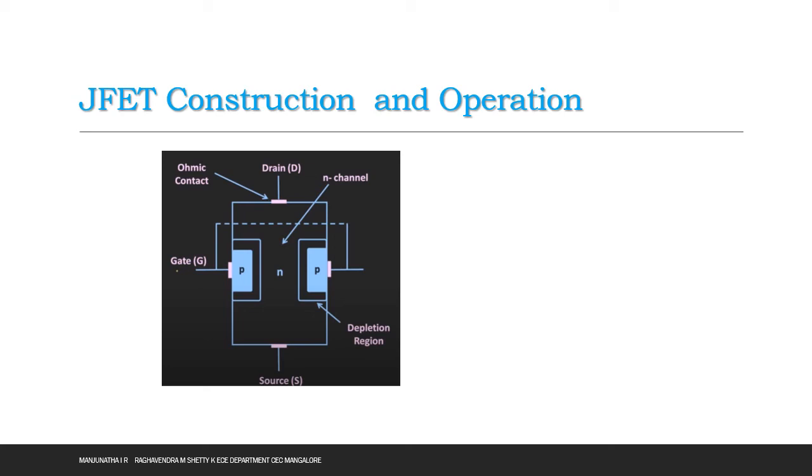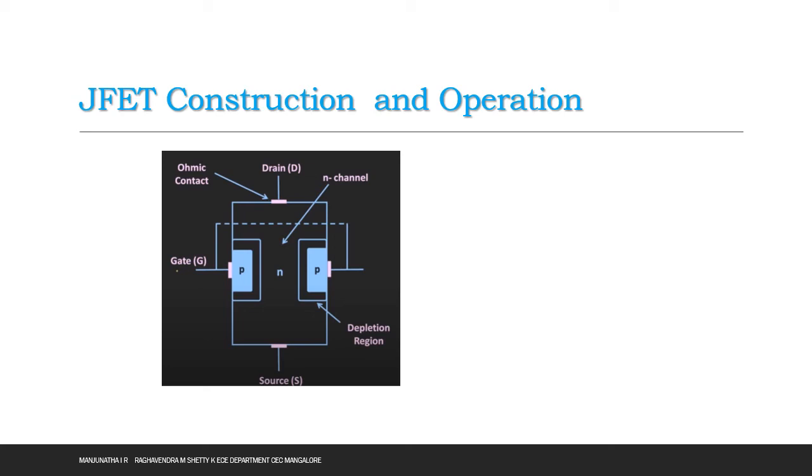When we give voltage to the gate, we should give it in such a way that the PN junction, where the depletion region is present, becomes reverse biased.